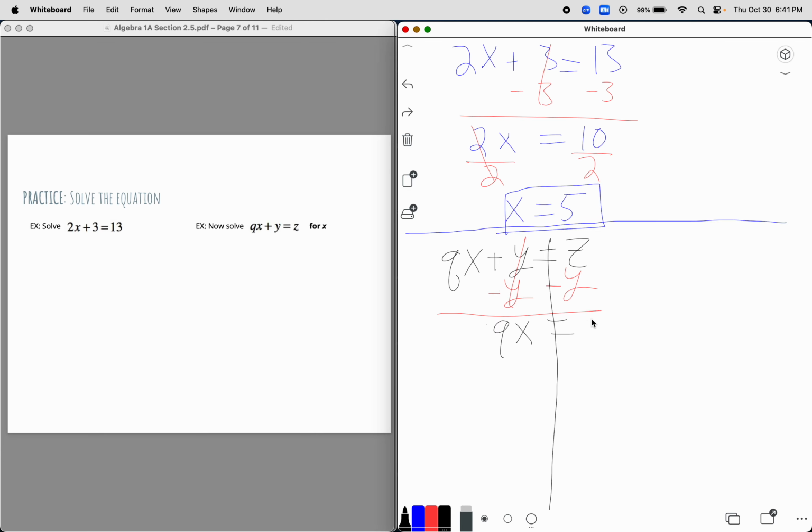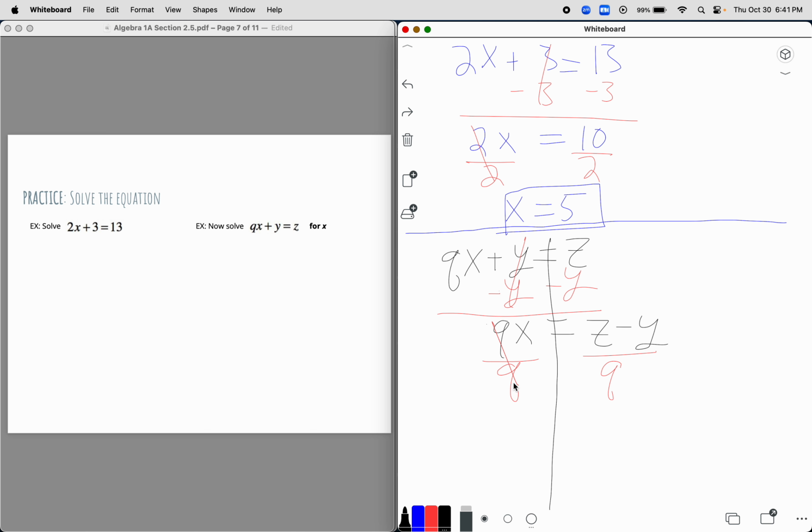Here, we have to write the z minus y. The reason we do this is because we don't know what z is numerically. We don't know what number represents y, so we leave it as z minus y. And just like we divided by 2 in the previous equation, we're going to divide again. But in this case, we're dividing by q.